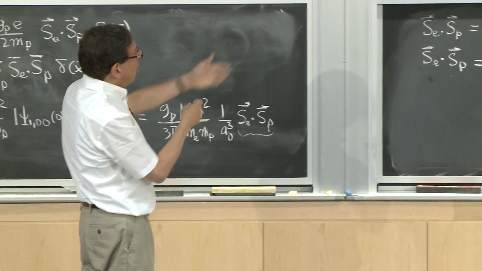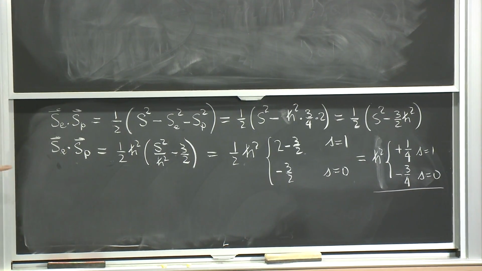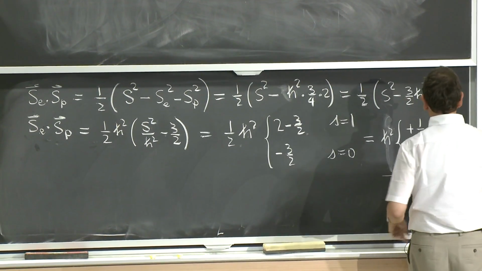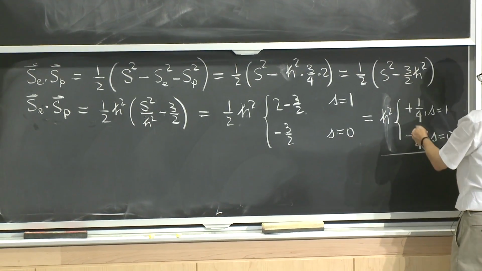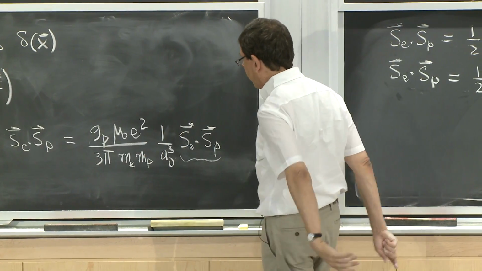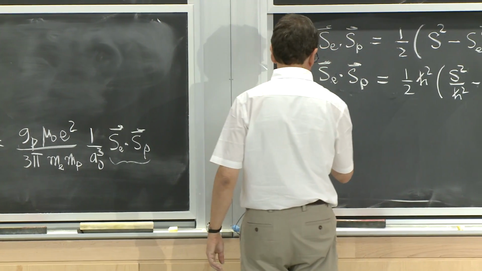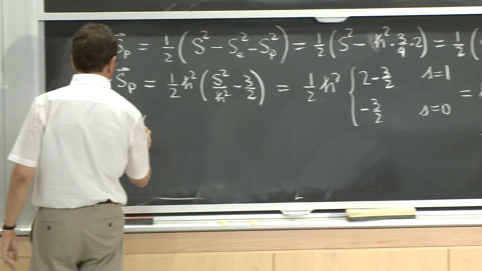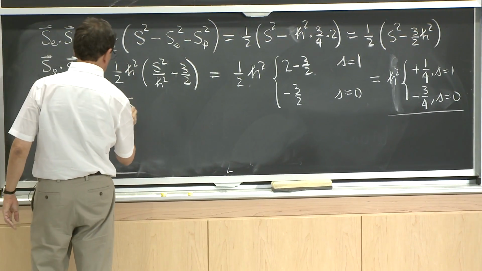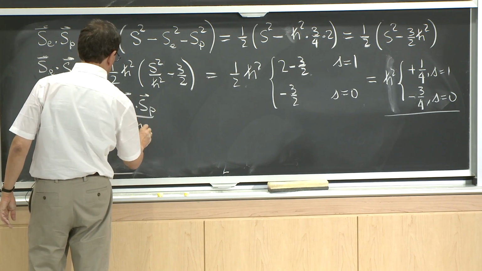So in a sense, we've really solved this now, because this is what this operator gives you on those states, and therefore the expectation value of this operator on the triplet is just 1/4 ħ squared, and on the singlet is -3/4, and therefore those are the energy shifts that you have here. So I can write this whole delta H as delta E times SE dot SP over ħ squared.